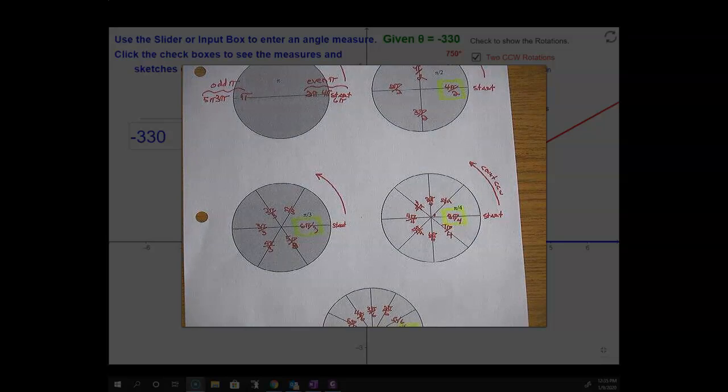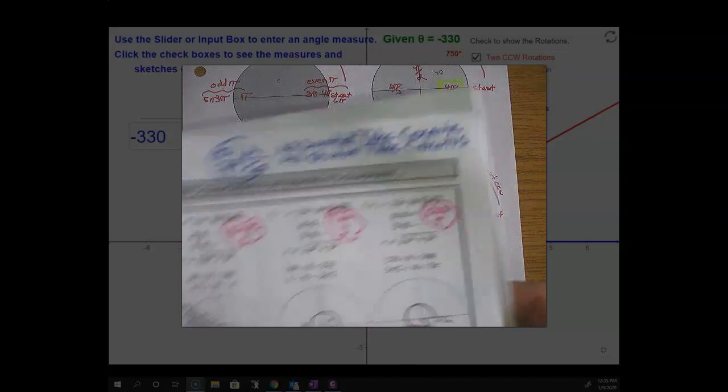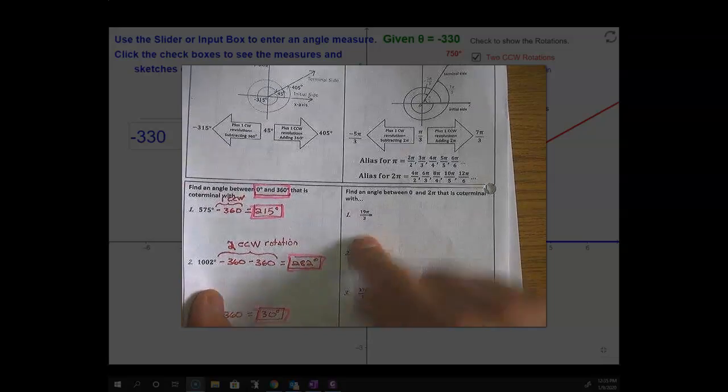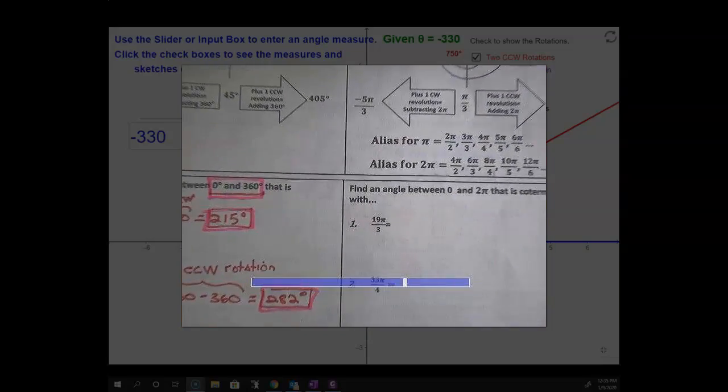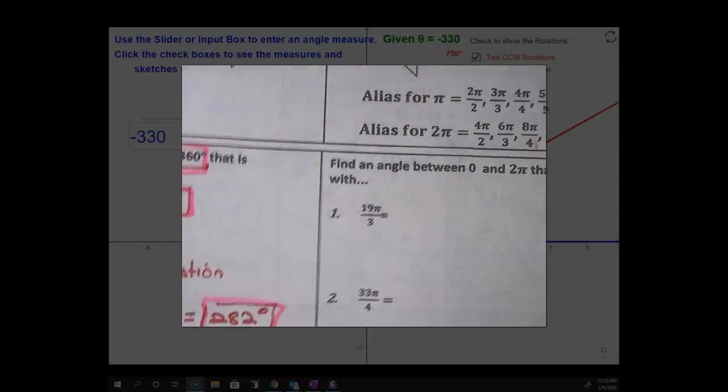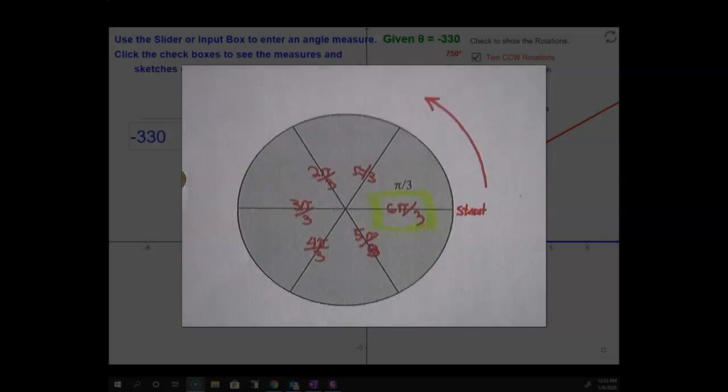All right, so now that we know that, we want to find the coterminal angle. That's 19 pi over 3. We can use the counting method.